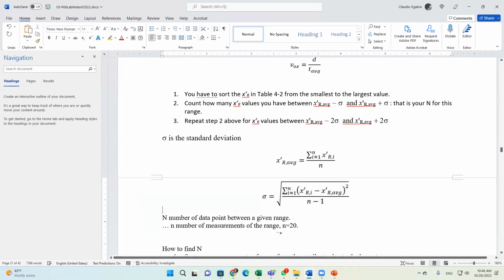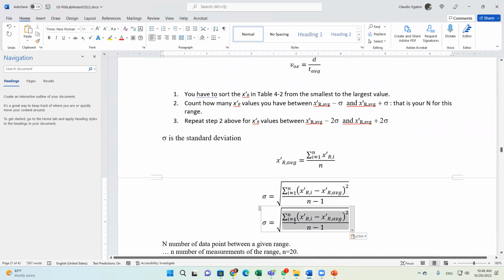I'm going to spell that out for you in a more familiar way so you can understand.